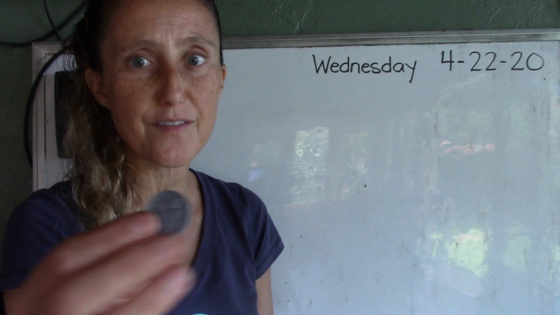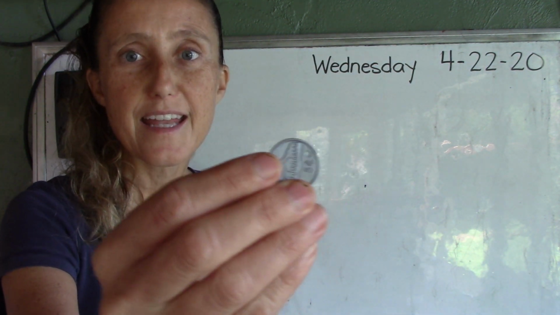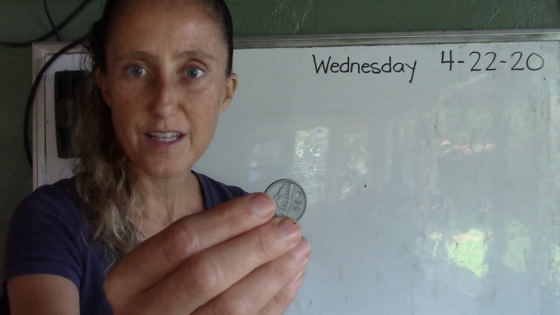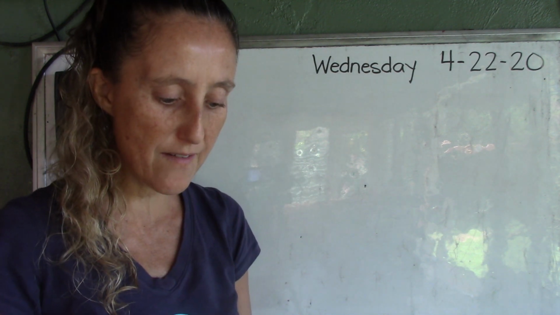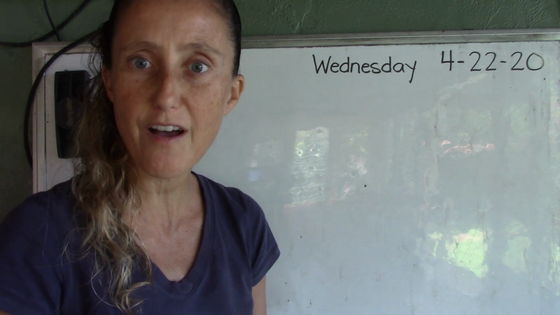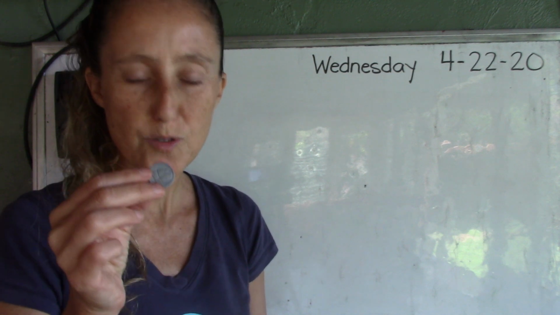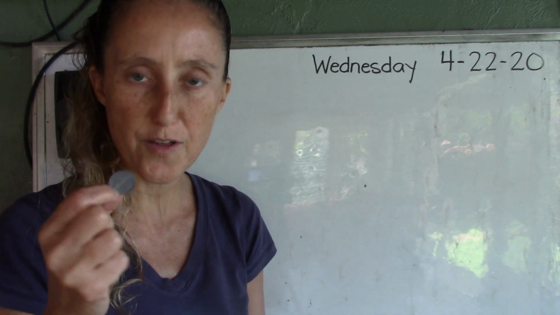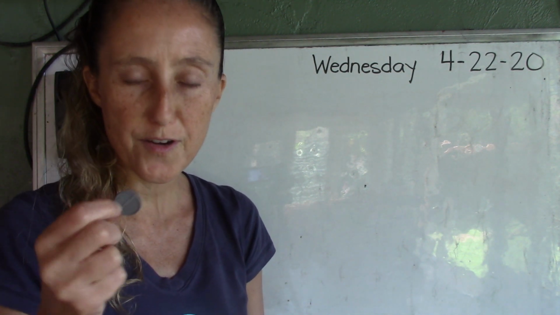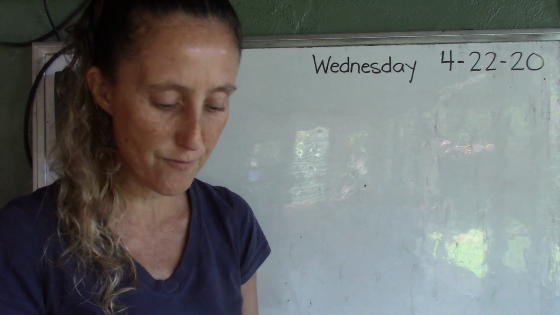And I have 4 of these wonderful little things here. What are these? Nickels. How much are nickels worth? 5. And I have 4 of them. So if I have 20 cents, I'm going to count on by 5s. So I have 20, 25, 30, 35, 40. So far I have 40 cents.